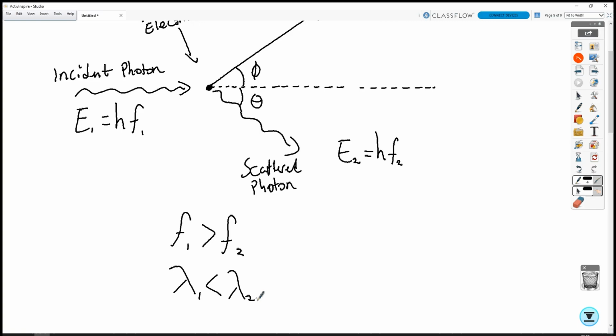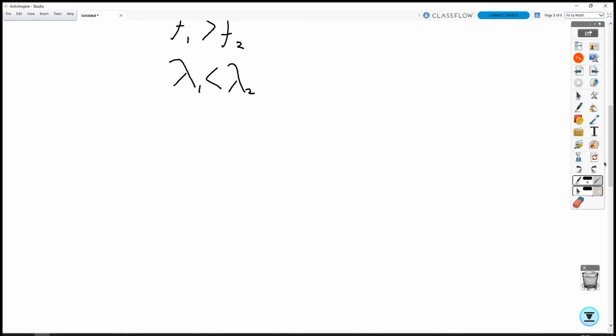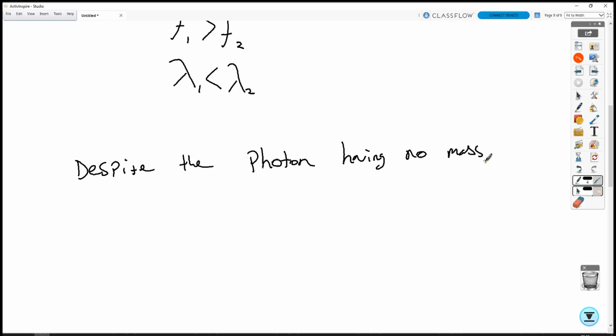So momentum is conserved. So despite the photon having no mass, it caused a change in momentum in the electron.